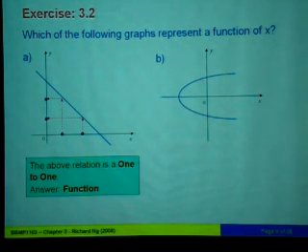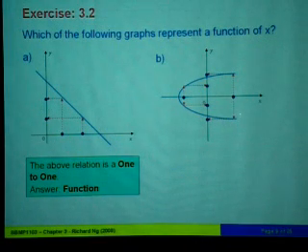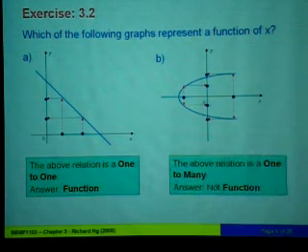Example B, if we are given a curve, same thing, we take one input from x and try to find how many outputs there are. For one input here we can find two outputs. Similarly, if we take one input x here, we can find two outputs. This kind of relation is called one to many. Since it is one to many, we can say that this curve is not a function.